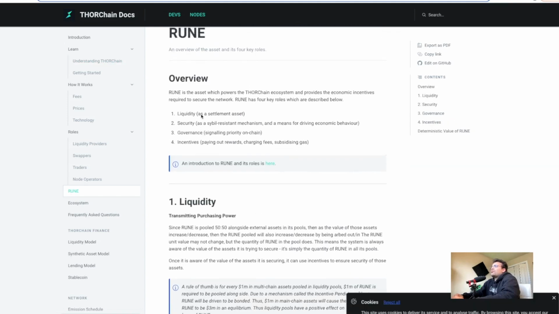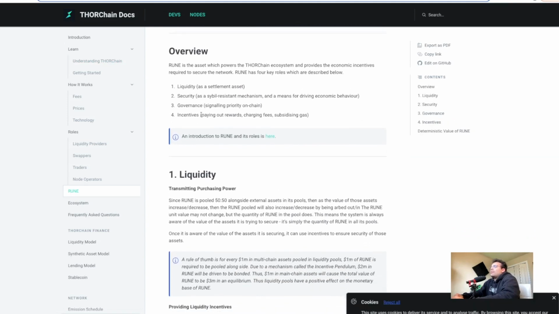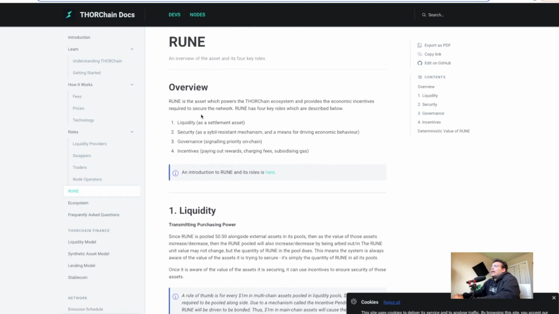Now, coming over to the actual token that we're going to be talking about, again, it's called RUNE, and basically it powers the THORChain ecosystem. And what it does is, one, it provides liquidity. So like we said, it provides the settlement for the buyer and the seller. It provides security as well.